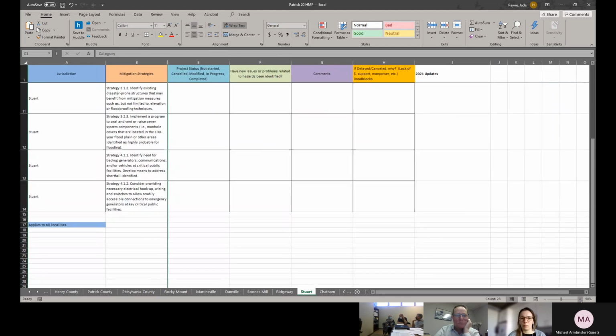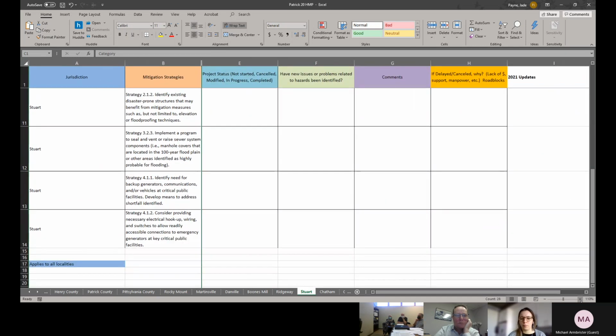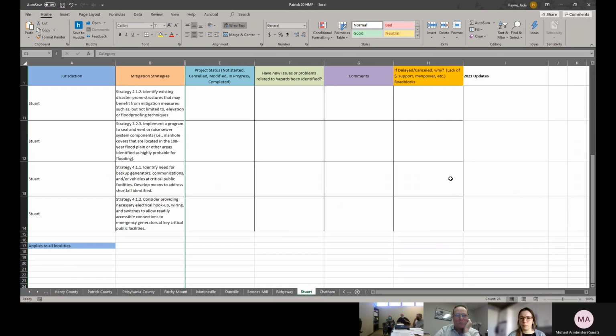Okay. So these last four strategies look like they're specific to Stewart. These are the last ones we have to go through.